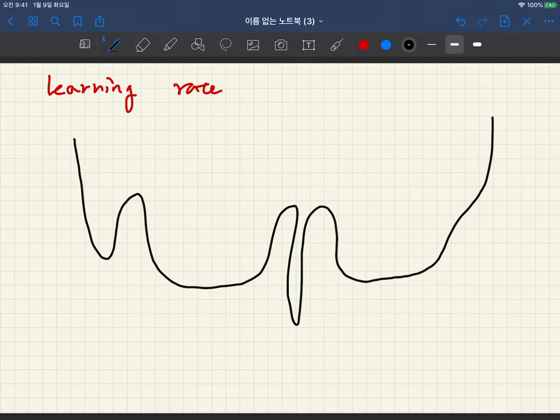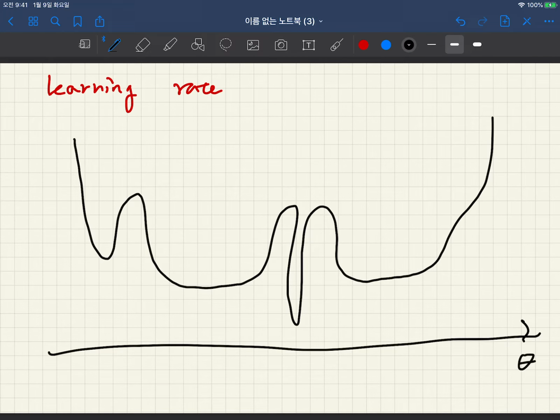But to make it simple to explain, I will assume there is only one single parameter theta, and the loss function looks like this. So this is the training error curve, and in terms of training error, of course this point is the optimal point, and when you want to minimize the training error, you have to find this point.